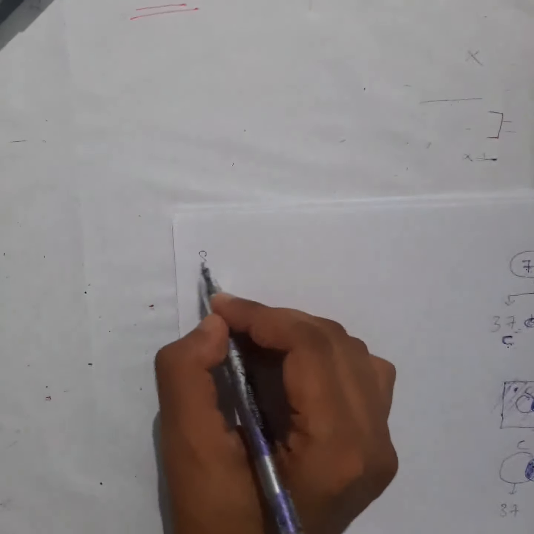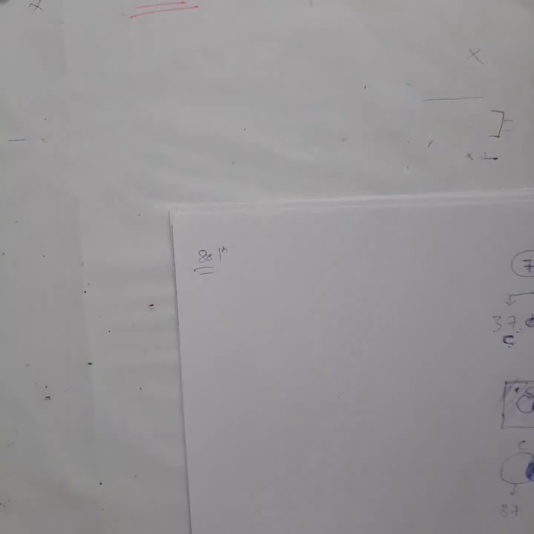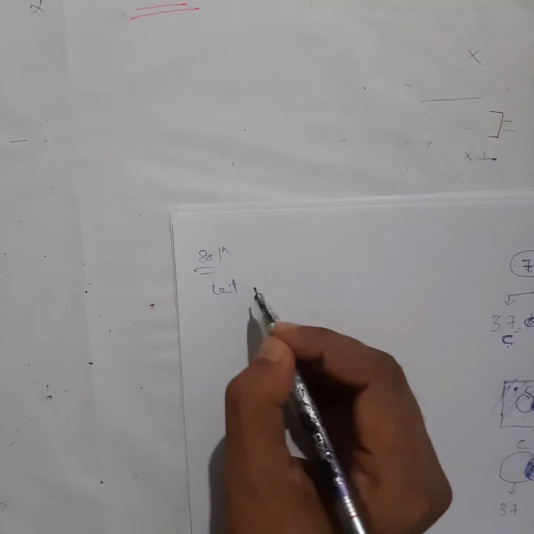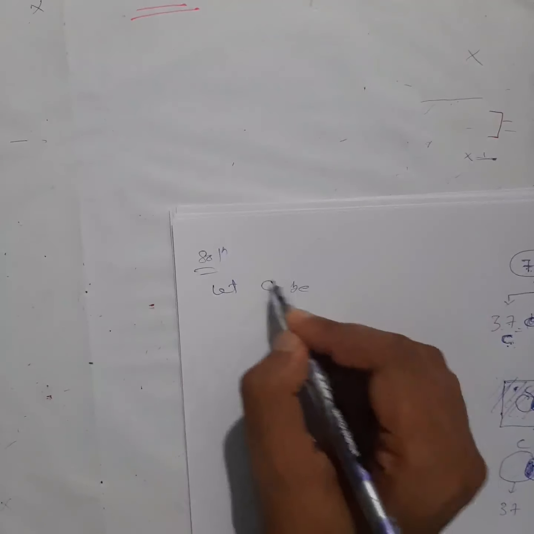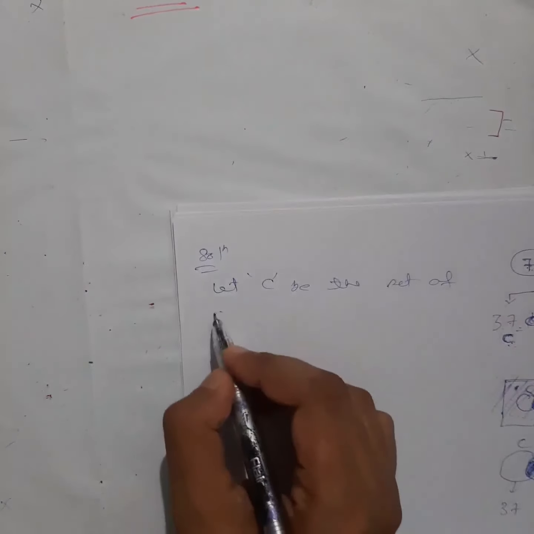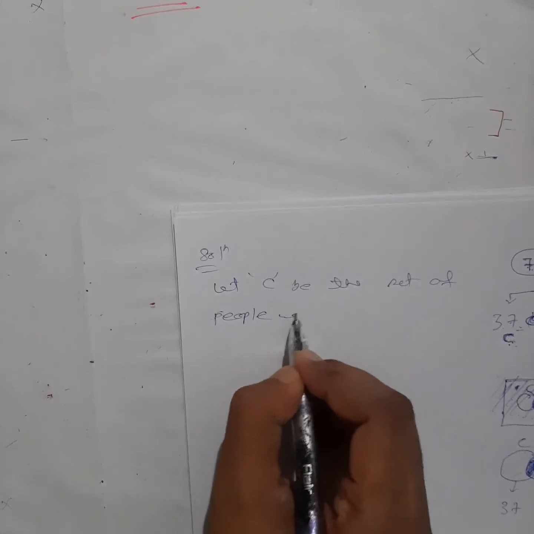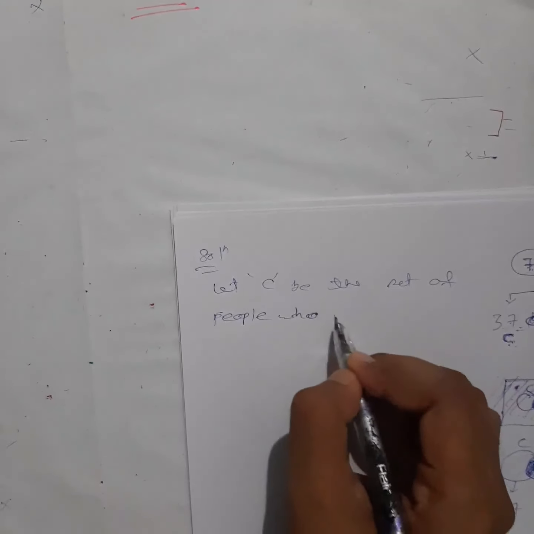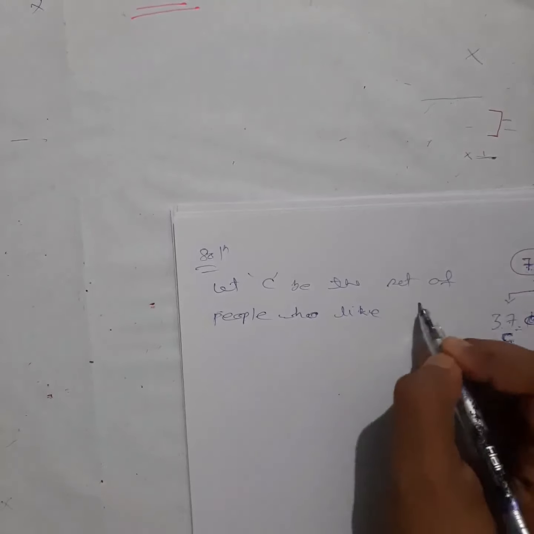So how you will write down the solution is, just mention these sets. Let C be the set of people who like coffee.